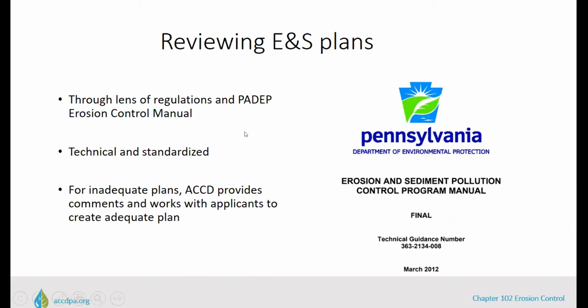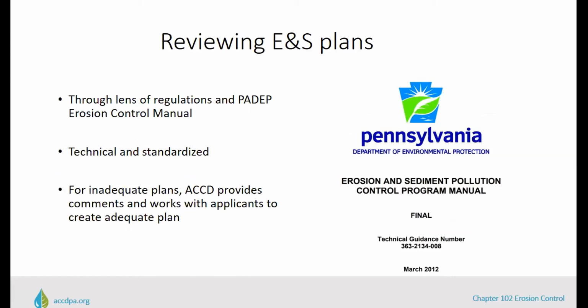The review of plans is standardized and technical, done through the lens of the Chapter 102 regulations and the DEP Erosion and Sediment Control Manual. The 563-page Erosion and Sediment Control Manual is organized by chapter for different BMPs and construction activity, such as site access, channels, outlet protection, sediment traps and basins, and stabilization.